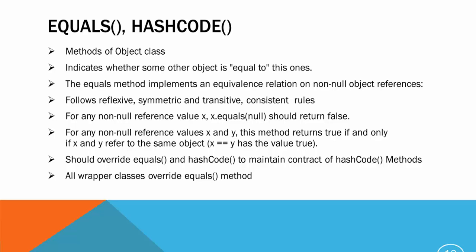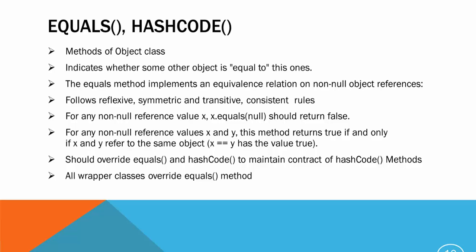There are a lot of collections which don't allow you to store duplicates. Duplicate means those are either equal or not equal. If it is equal, then it is a duplicate. So to decide whether it is a duplicate or not, we have to ensure whether they are equal or not.